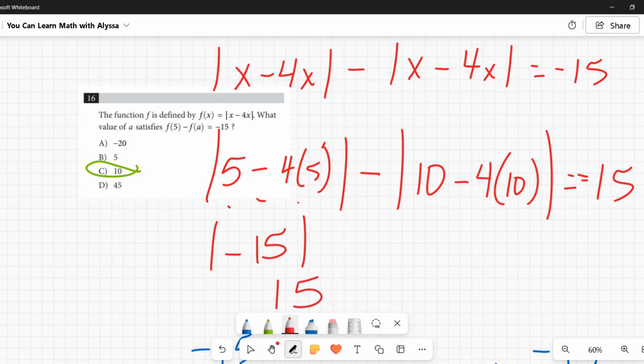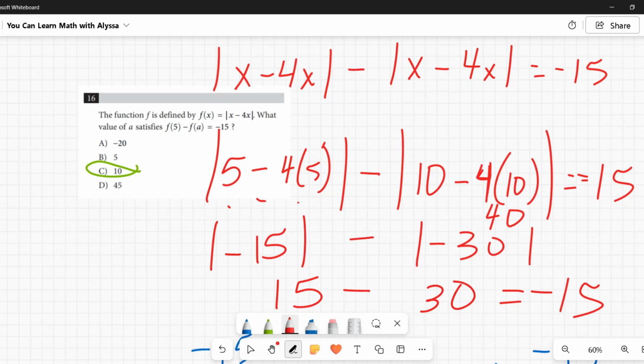Absolute value of that is 15. And here, 4 times 10 is 40. 10 minus 40 is negative 30. So the absolute value of negative 30 is positive 30. So 15 minus 30, does that equal negative 15? Sure does. 10 is my answer.